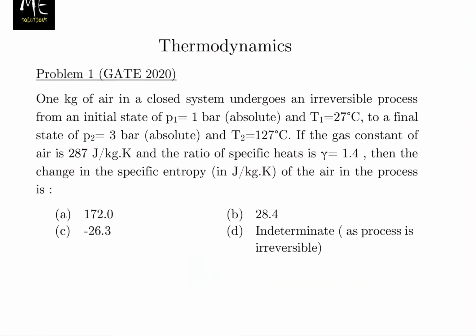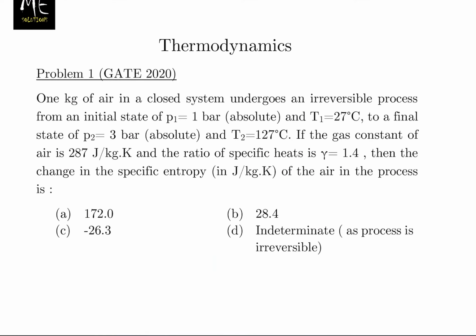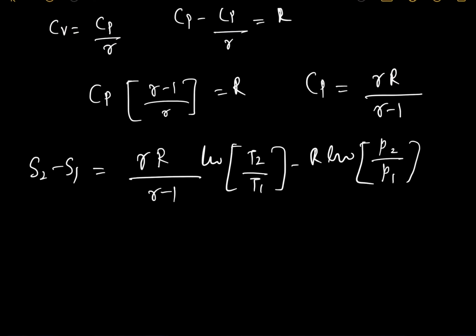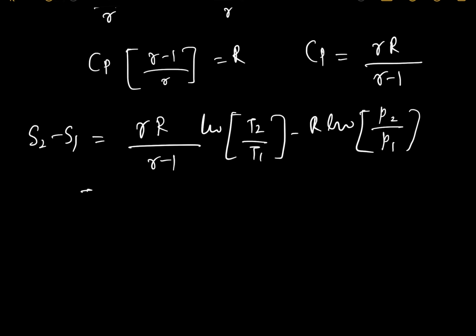Now if we put the values of the pressure, the temperature and the gas constant, what will we get? Always remember to convert the temperature from degree Celsius to Kelvin. Whenever the temperature is given in degree Celsius, you should try to convert into Kelvin first.